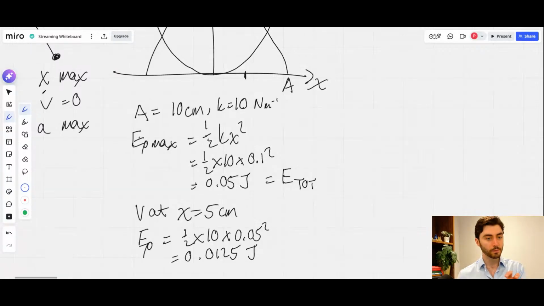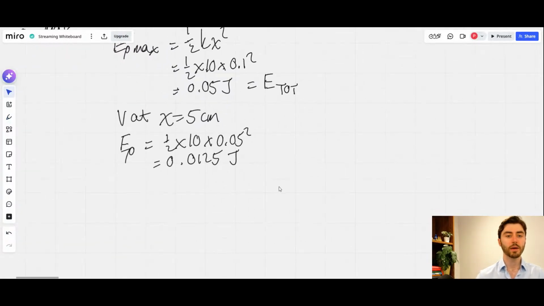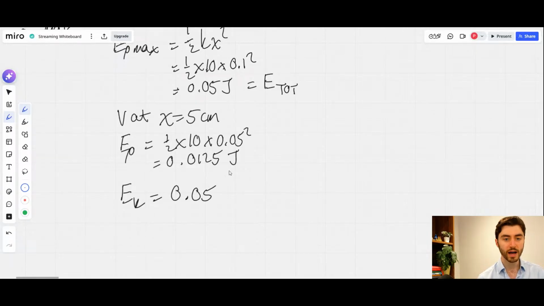That would mean that I would get a kinetic energy, 0.05 total energy, minus the potential energy it has at that point. So 0.05 minus that answer would be equal to 0.0375 joules.